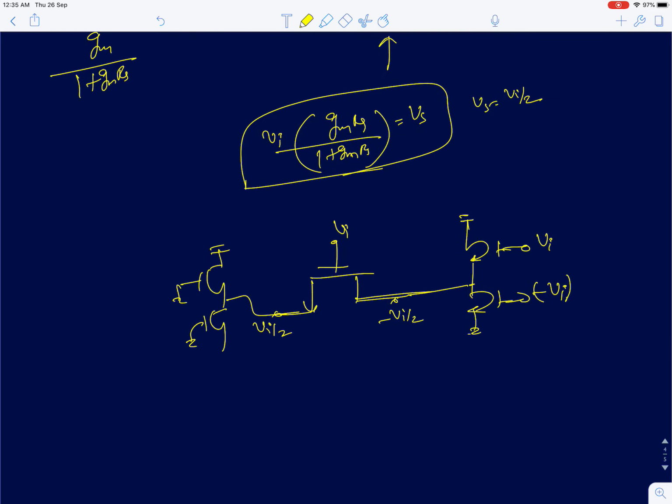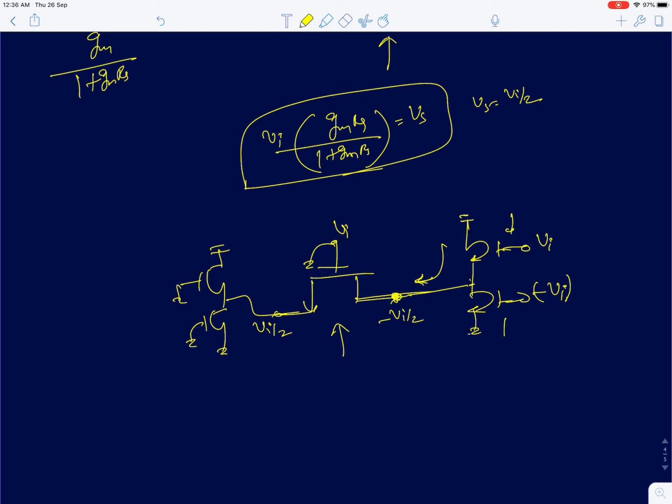Now you're looking into the drain of a MOSFET, so its resistance is obviously infinity, because this is like a source regenerated MOSFET with R0 of infinity. So you're going to see an infinite resistance at the drain.